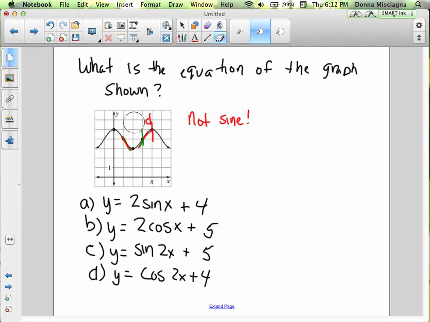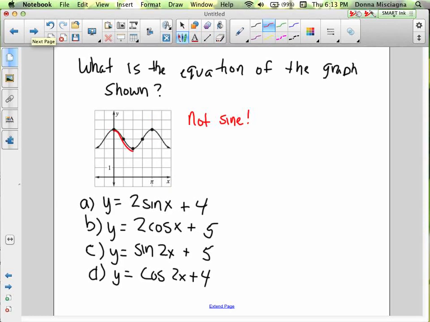So if you're determining between sine and cosine, look to see if your choices have a horizontal phase shift, and take that into account. Here, that has to be our graph right there. Actually, I'll outline it. Because none of my choices have been shifted horizontally.